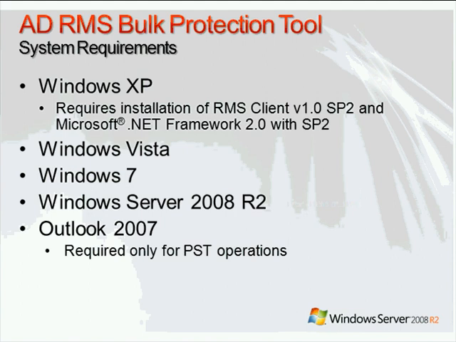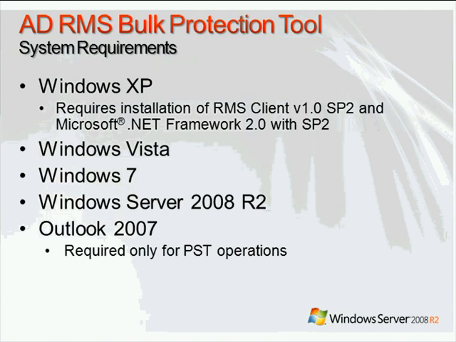So, some of the system requirements for the AD/RMS bulk protection tool. This tool is freely available on Microsoft.com/downloads. You can download it for your XP. There are some requirements like .NET Framework 2.0 and RMS Client 1.0 SP2. It runs natively on Windows Vista, Windows 7, and Windows Server 2008 R2. It requires Outlook 2007 if you are using PST for decryption.